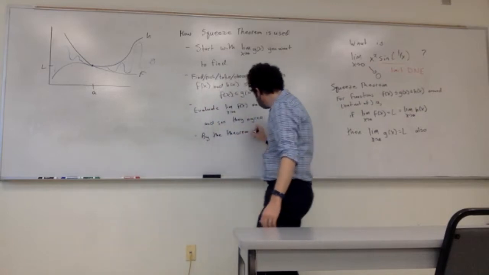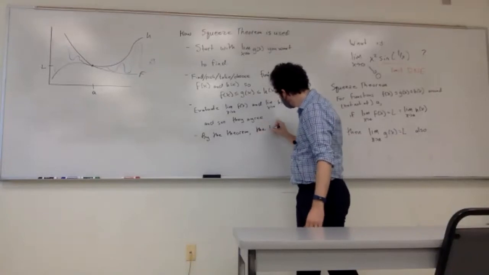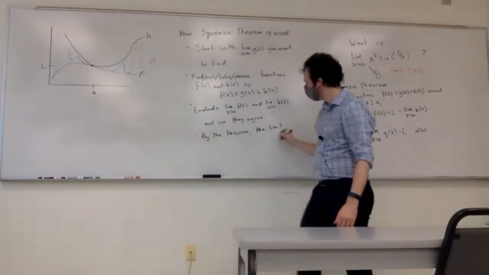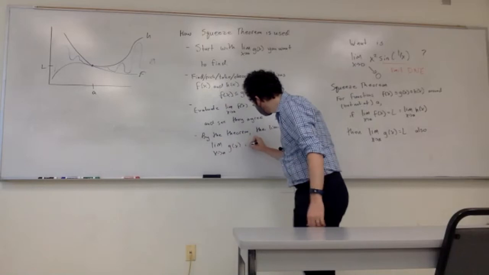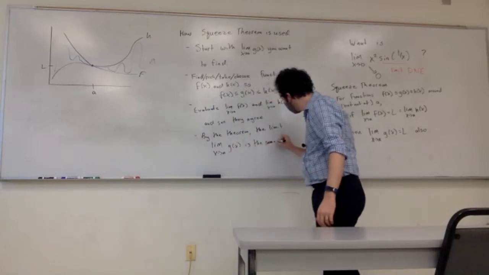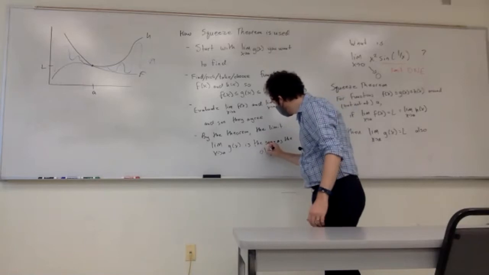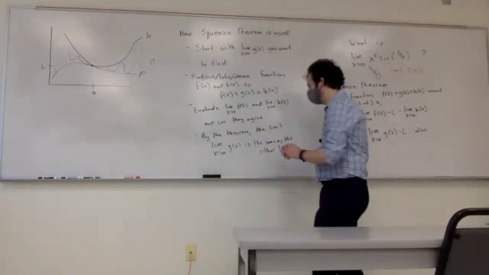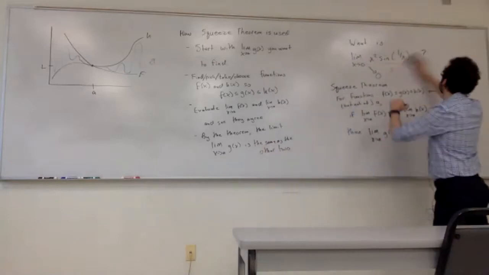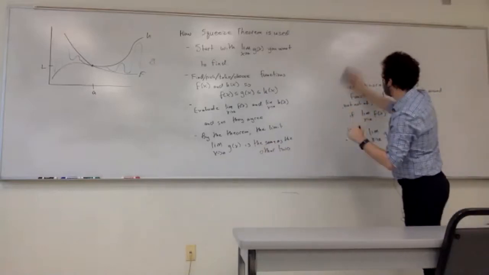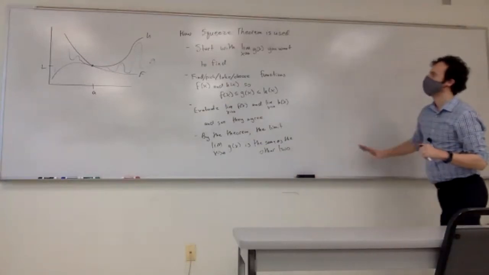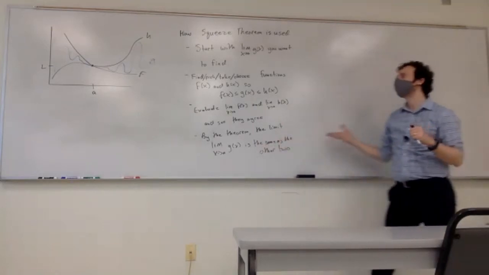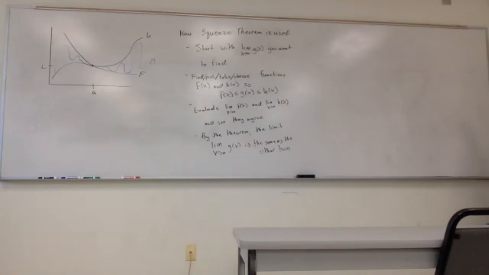So by this squeeze theorem, the limit that we wanted from the very beginning, the limit as x goes to a of g of x, is the same as the other two. So this is the procedure that will work, and we'll apply this for that limit that I just erased here.